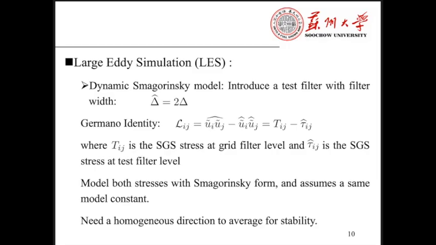In the dynamic subgrid model, we model both stresses with the Smagorinsky form and assume the same model constant. Of course, there is a hypothesis behind this: that the cutoff scale is located in the inertial range.